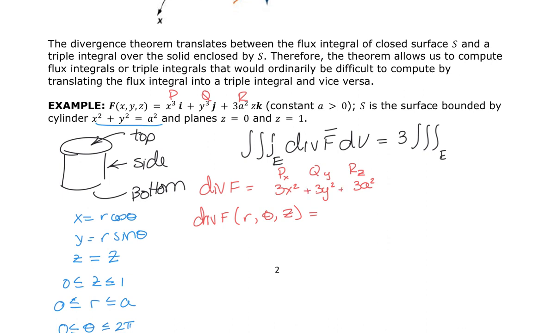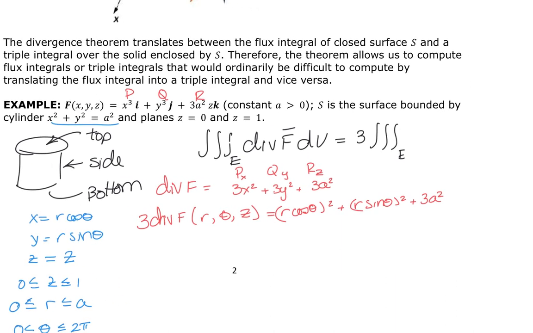There we go. So I have a replacement, 3 got factored out, and I have a replacement for x, and that's going to be r cosine theta, squared, plus a replacement for y, which is going to be r sine of theta, the quantity squared, and then I don't need a replacement for the z because there isn't any z there. So that is 3 times my divergence. You can see I pulled the 3 out already.